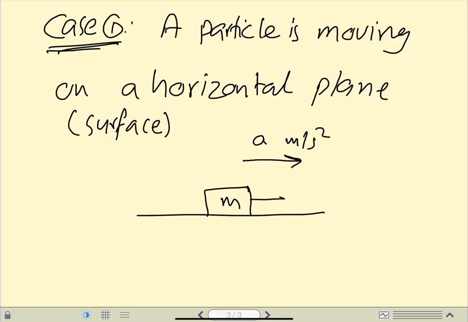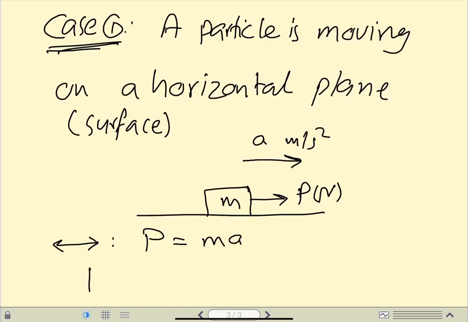If we have here a force P newtons, so the equation of motion in the horizontal, focus well here. We say P is equal to MA.